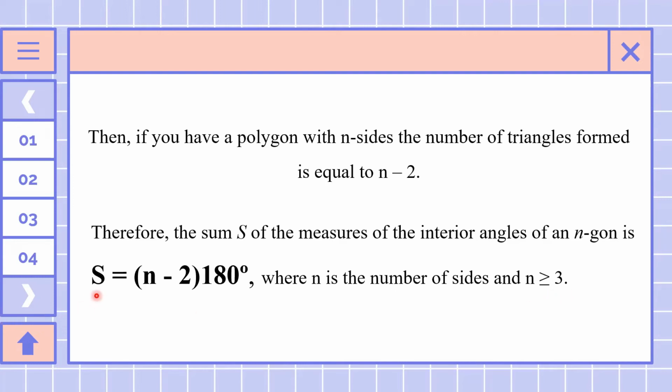So, write this formula: S is equal to the quantity of n minus 2 times 180 degrees. What is n here? Where n is the number of sides of our polygon.